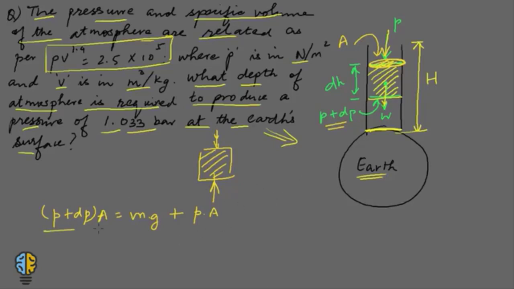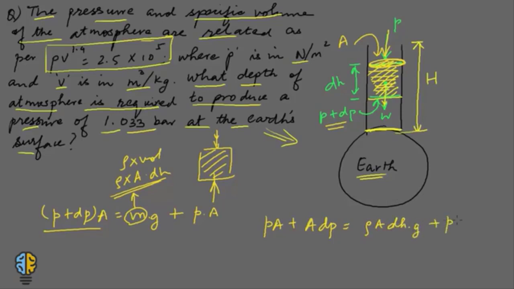Let's resolve this. You get PA plus AdP is equal to, what is the value of mass? The value of mass is density into volume. Now what is the volume of this much mass of the atmosphere? That is area into length. So this is the mass of the atmospheric column, dH. So you get rho A dH into G plus P into A. Now you can easily cancel off PA from both the sides.